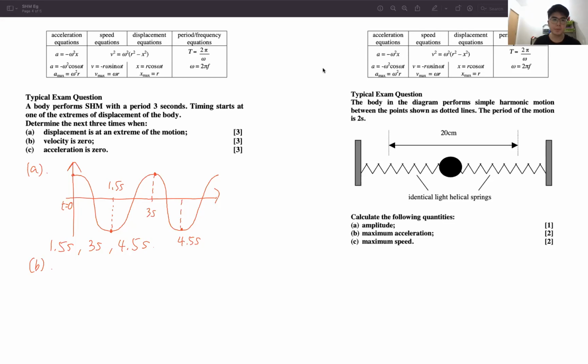B. Right, let's draw it on the same graph. Velocity is 0. How does the velocity graph look? Let me draw it like this. Okay, this one aligns with this one, aligns with this one. It's 90 degrees out of phase.